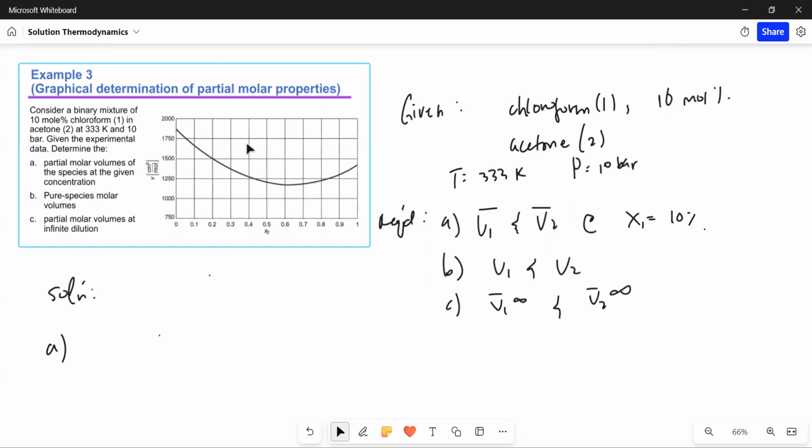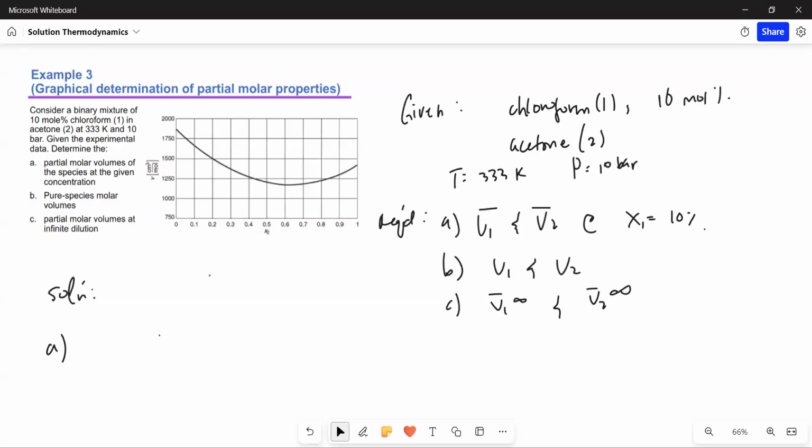We're given the data for the problem, the molar volume of the solution with respect to x2. All right, so we begin with, okay, hold on please. Let me just go to the slide. Okay, we begin with this equation.